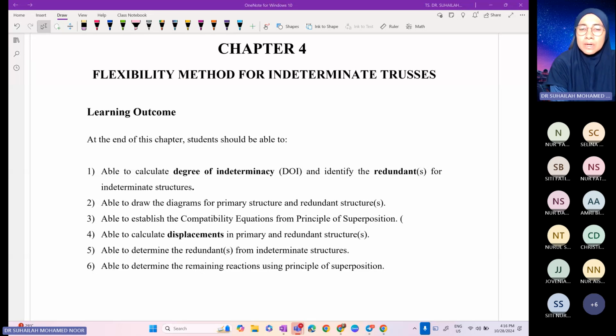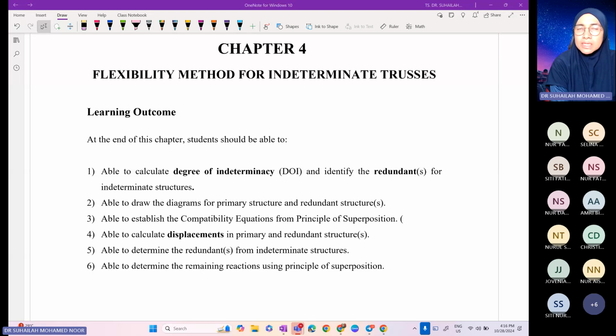Okay, so of course, the first step to do is to calculate DOI. So we calculate degree of indeterminacy. For truss, we will use M plus R minus 2J. And also from that, we will identify whether the truss is externally indeterminate or internally indeterminate.